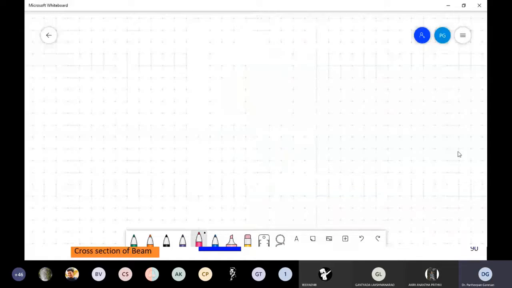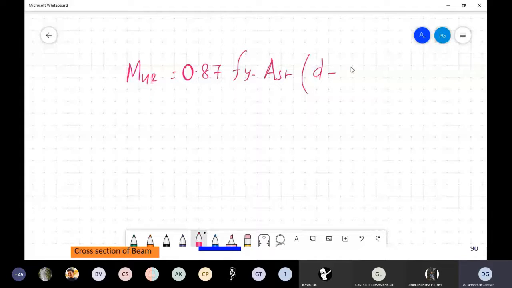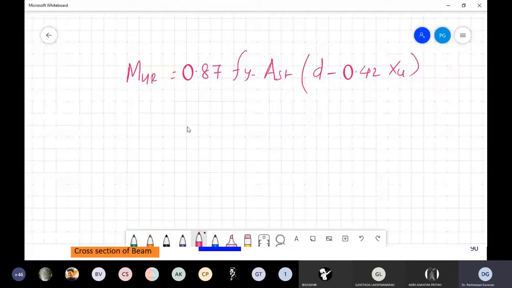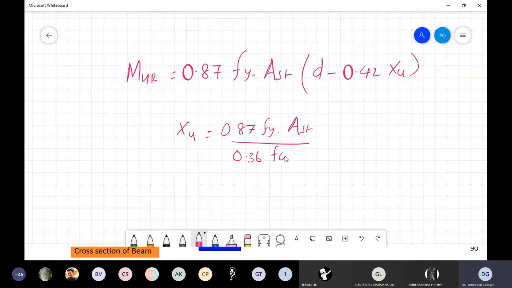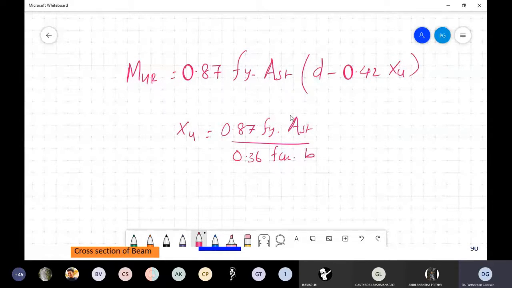So the equation here is MUR is equal to 0.87 Fy AST into D minus 0.42 XU. Now from the previous one, you know XU is equal to 0.87 Fy into AST divided by 0.36 FCK B. Now for this XU, you substitute this one.